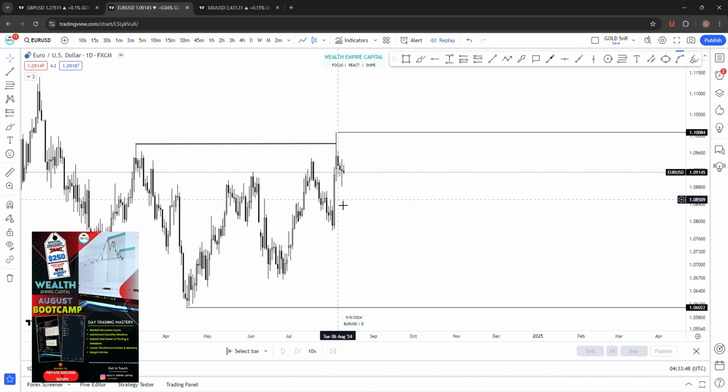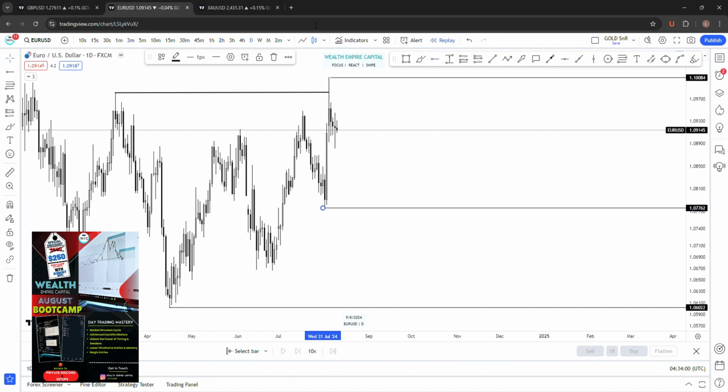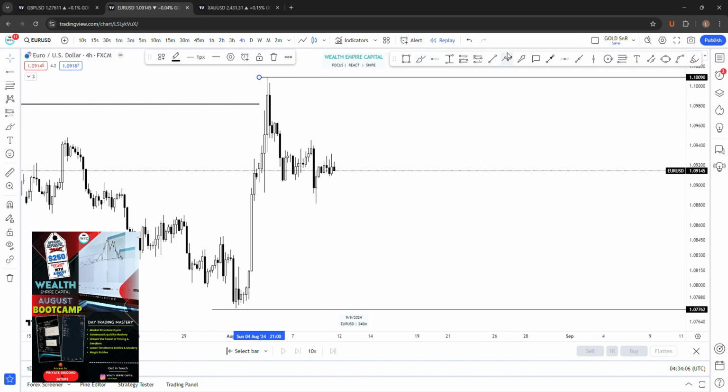Now right after this, I need to focus on what the internal structure is saying. So right in here, what can I see? Even without stepping onto H4 or lower time frames, I can see this last low that created a high. If I step onto H4, we can see that we had a beautiful internal break of structure here to the top, and we have a point of interest sitting here.